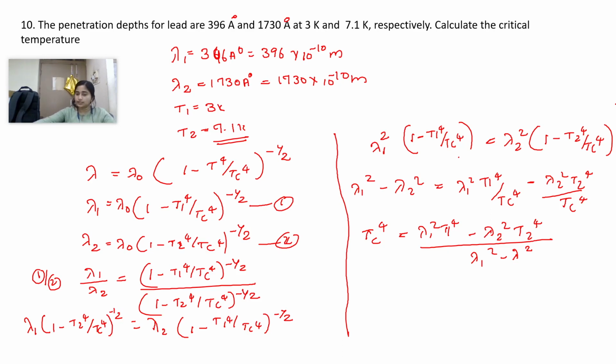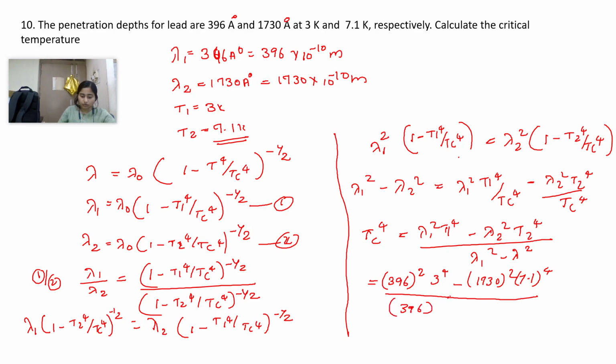So what is the answer you got here? You have to substitute 396 square 3 to the power 4 minus 1730 square 10.1 to the power 4, divided by 396 10 power 4 square minus 1730 square.